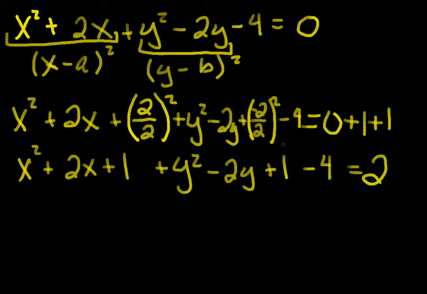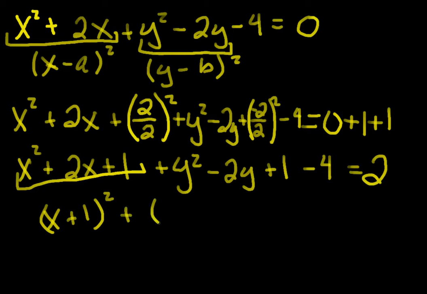Now the whole reason I went through and did this completing the square is because x squared plus 2x plus 1 is exactly the form of a perfect square. So this factors into x plus 1 squared. And then I've got y squared minus 2y plus 1. Again, this factors into a perfect square.